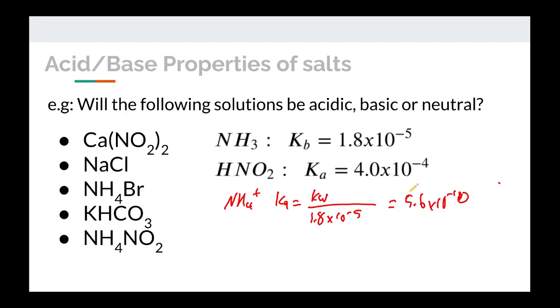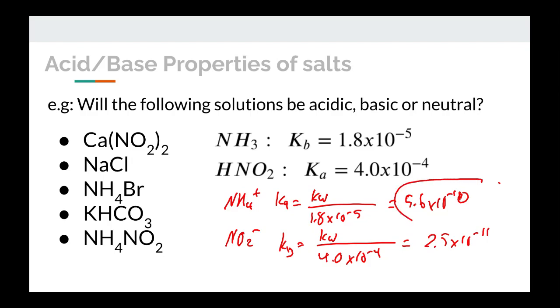Ka for HNO2 is 4 times 10 to the minus 4. So that means the Kb for NO2 minus is going to be Kw divided by that number. And that ends up being 2.5 times 10 to the minus 11.